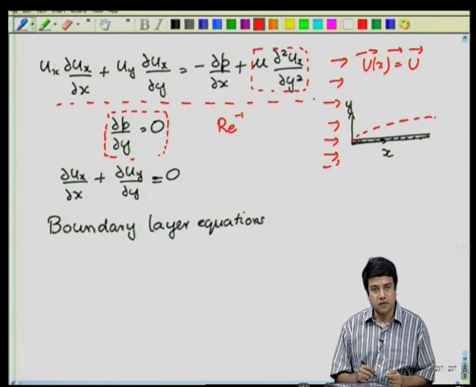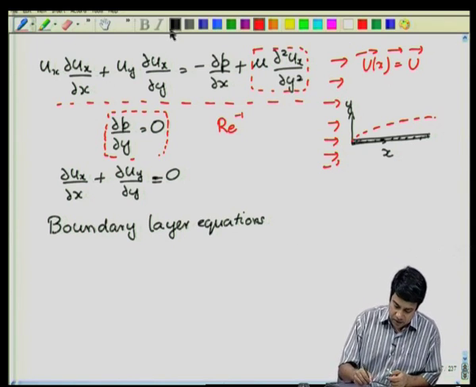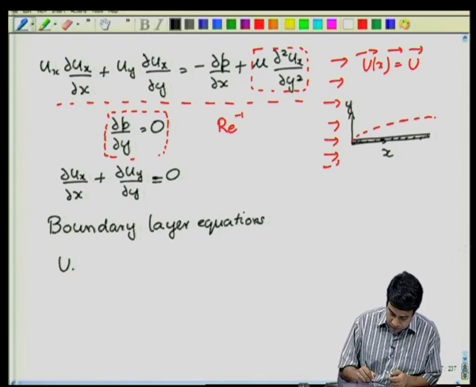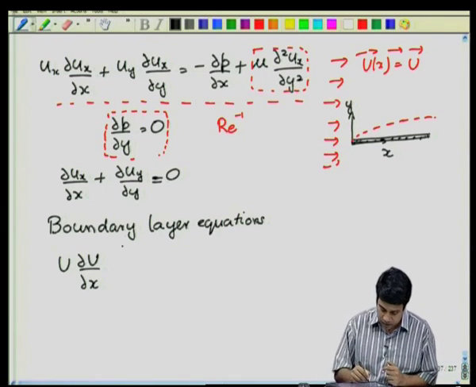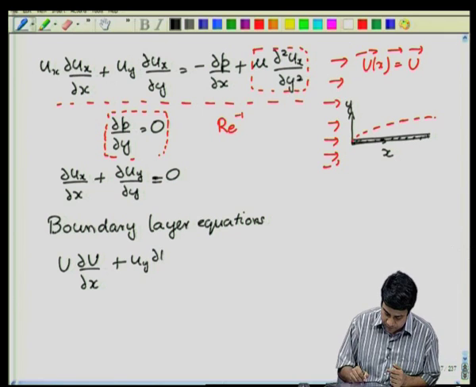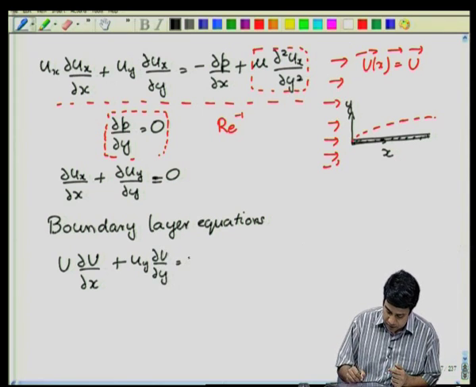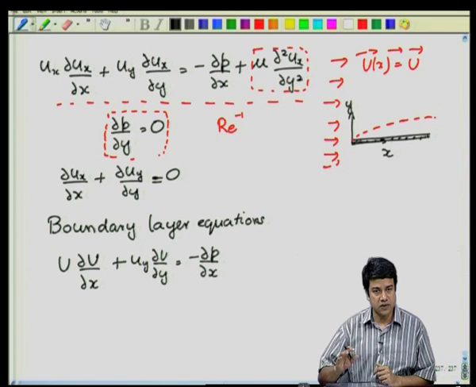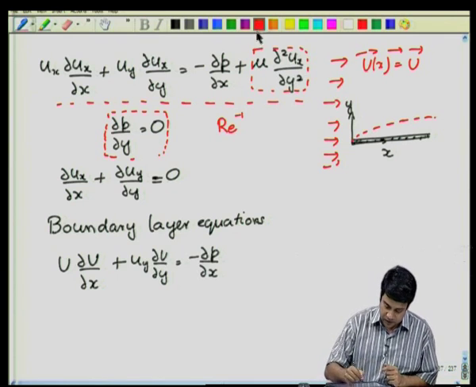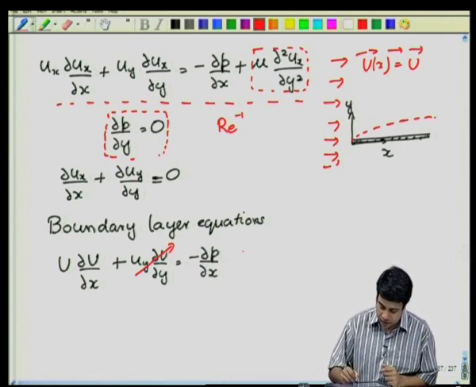So, for the outer flow itself I require that capital U, partial u by partial x, this is the free stream velocity along the flow direction, plus the cross stream velocity times partial u by partial y, is equal to minus partial p by partial x. However, when I go far from the surface, the velocity u y is identically equal to 0, and therefore this term is equal to 0 for the outer flow.